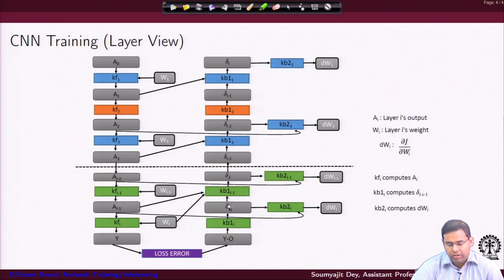So, I get delta 1 here, but then when I use delta 1 to get delta 2, if you remember, the expression of delta 2 with respect to the previous one in general is that you need the weight matrix's transpose, right. You need A's transpose, that is why this A will be transposed here, right. So, the dependency is from A to here. So, this kernel is going to make use of A, and is going to make use of the W of that layer in order to compute delta 2.